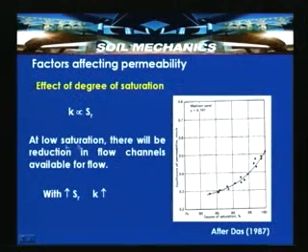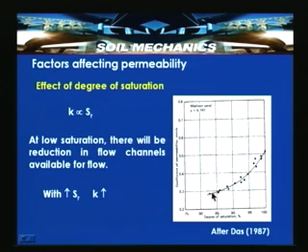Now, another factor affecting the coefficient of permeability is the degree of saturation. K is proportional to SR. At low saturation, there will be a reduction in flow channels available for flow. Here, after Darcy 1987, the chart shows degree of saturation on the x axis and coefficient of permeability in mm per second on the y axis for a medium sand with e equal to 0.797.